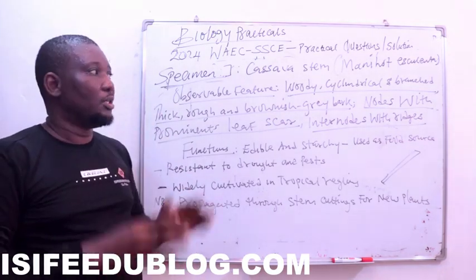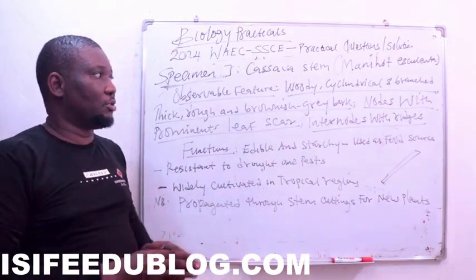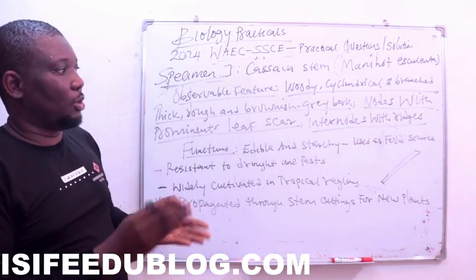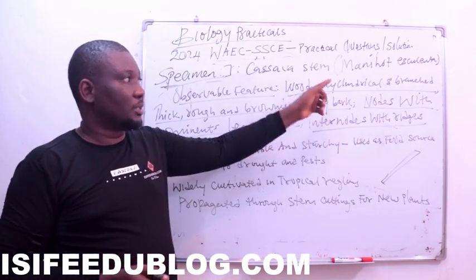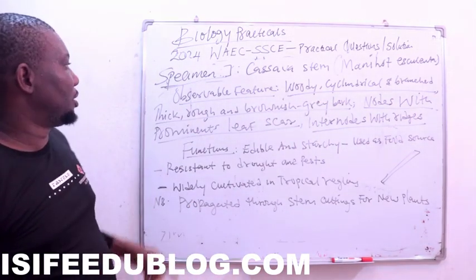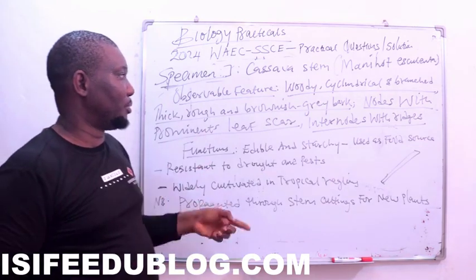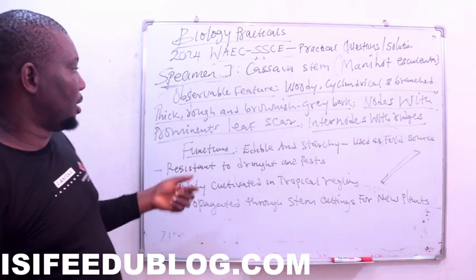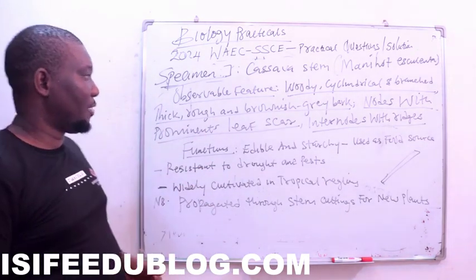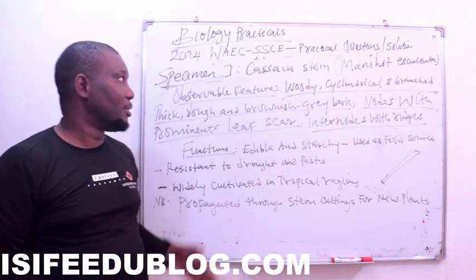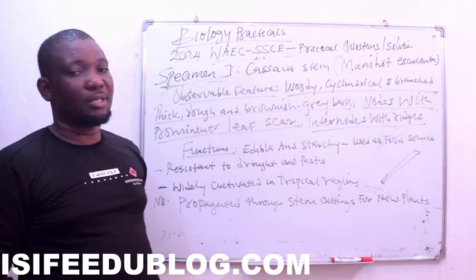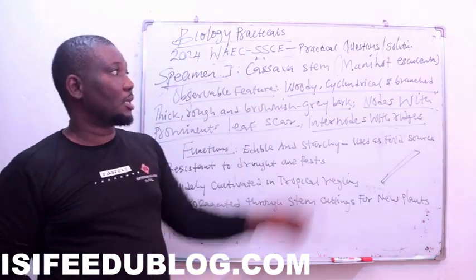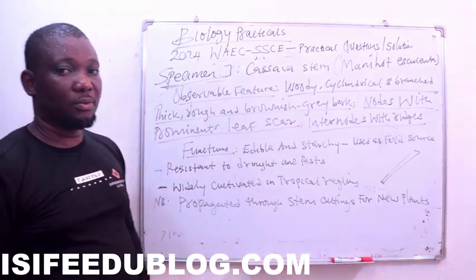So the color is very, very important. The structure, the nature of the stem is woody, cylindrical, branched, thick, rough, and brownish dark, with nodes having prominent leaf scars. So these are on the cassava stem.